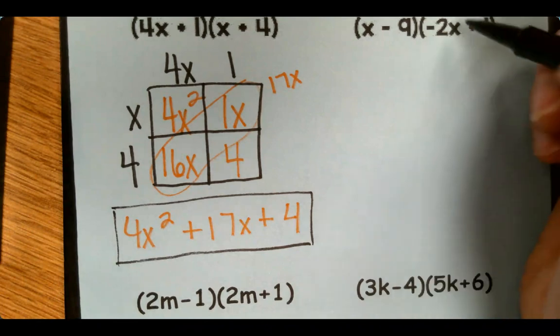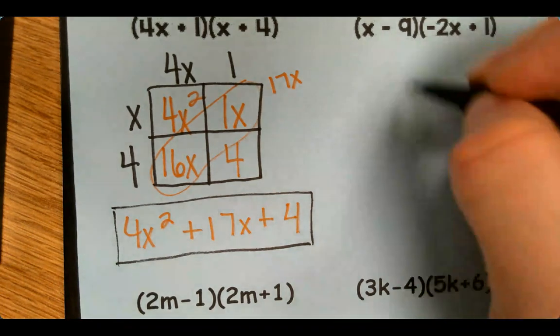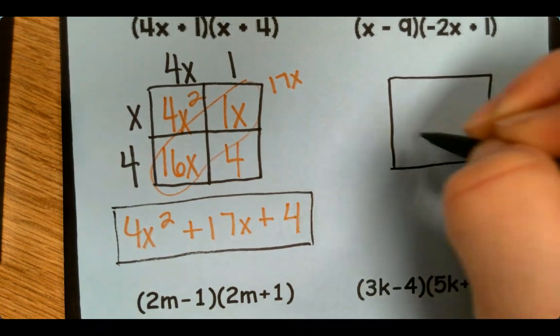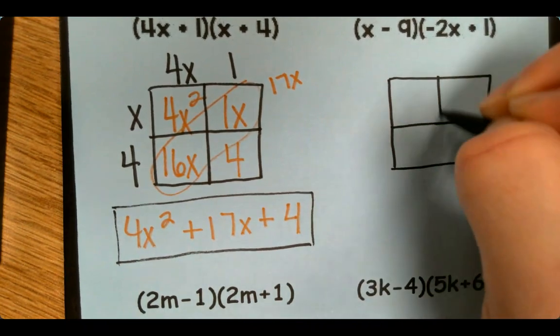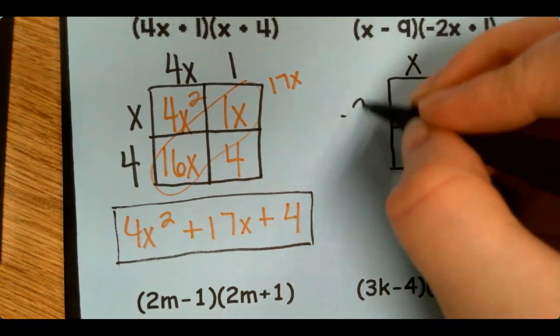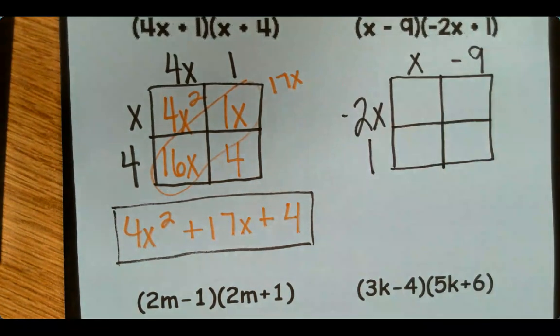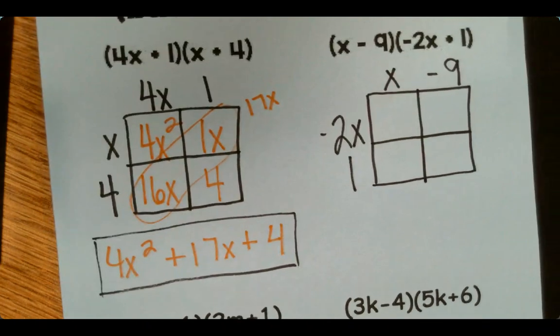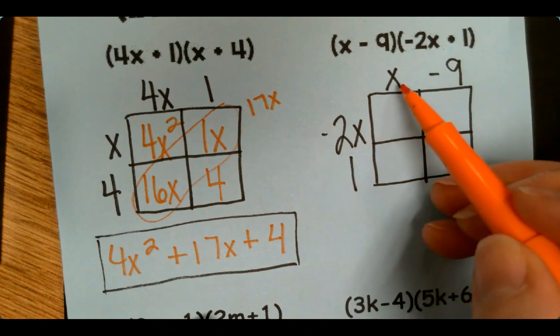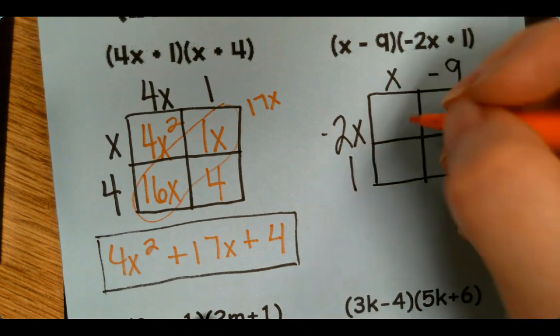All right, let's do the next one. X minus 9 times a negative 2x plus 1. Make your box. Negative 2x times x, right.